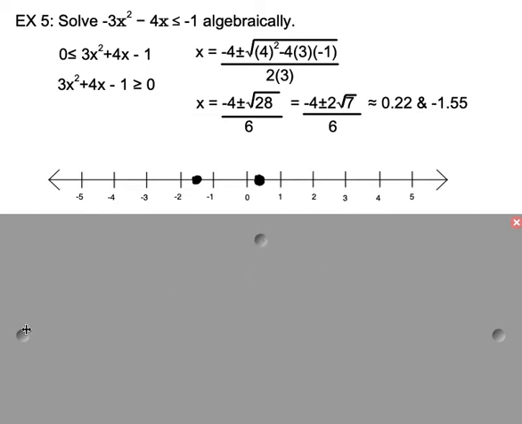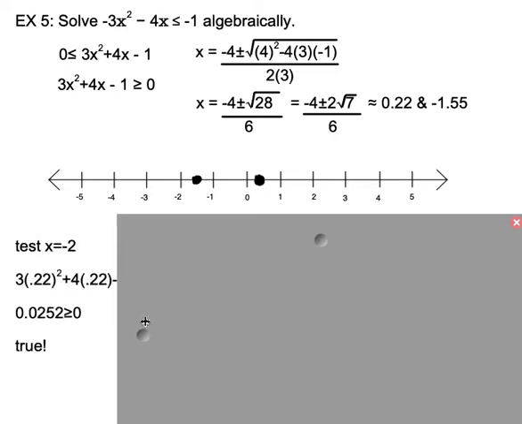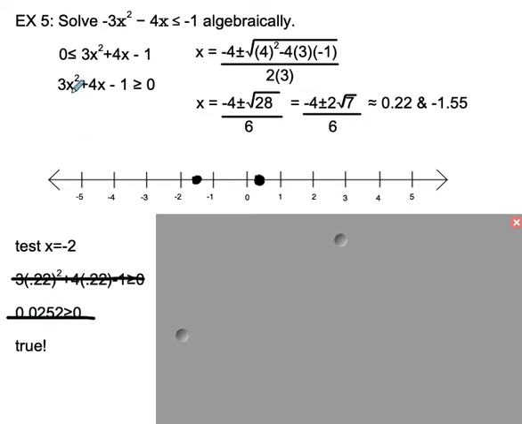Okay, so now we repeat the process. I pick something to the left. Well, once again, I picked -2. Ooh, I did that one wrong. Okay, so I'm going to put -2 in here. Mark this out. Now I'm going to plug it into this one right here. So 3 times -2 squared. -2 squared is 4. 4 times 3 is 12.